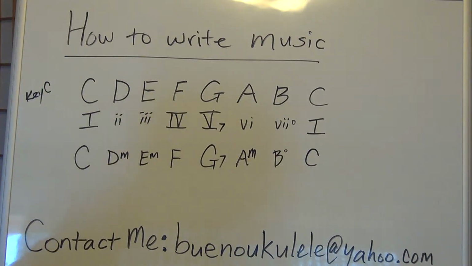And like anything, when we're writing music, we're going to need some tools so that we can create our own music. Like a carpenter has his tools, and an electrician has his tools, a songwriter, such as yourself, creating your own music or song, is going to need some tools.